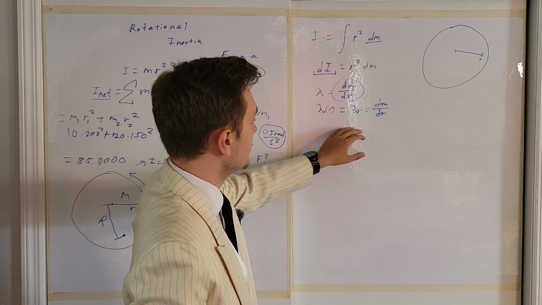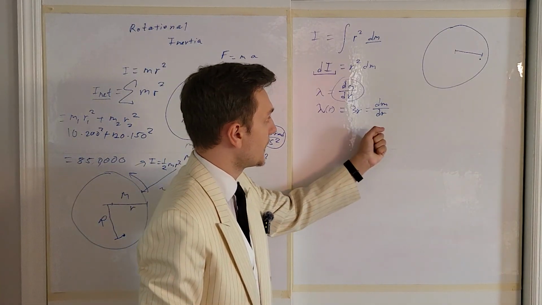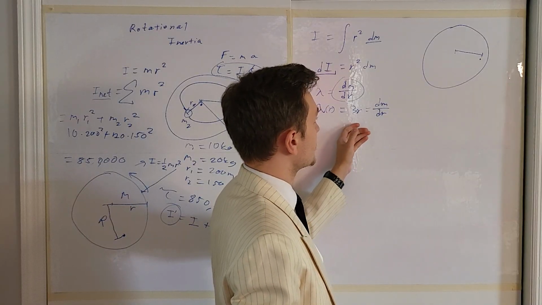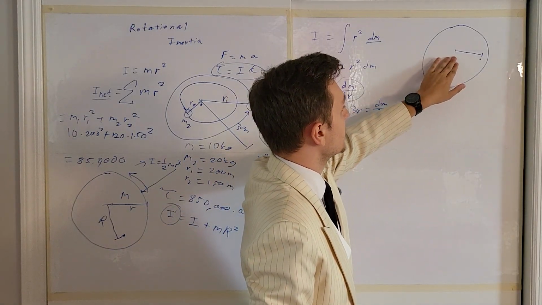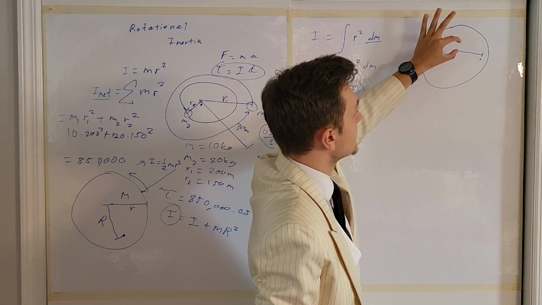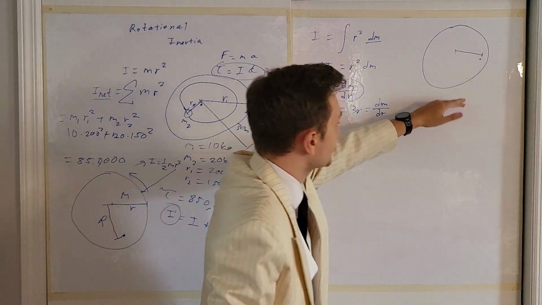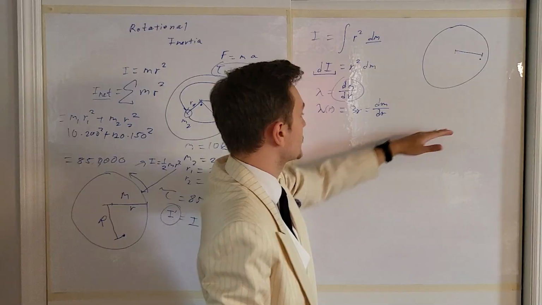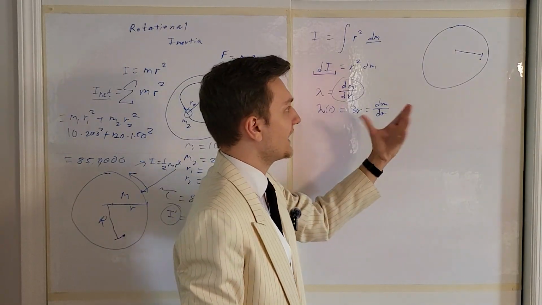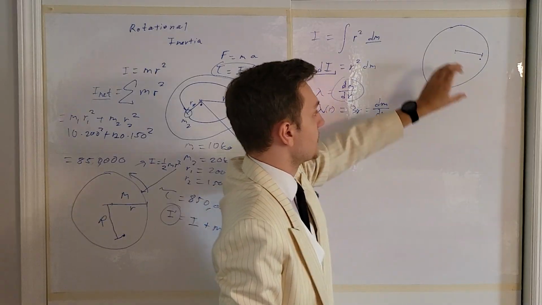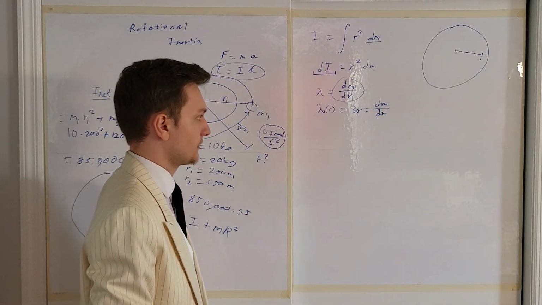It means the density of my object at radius equals 0 is 0. It means I have very little mass, or almost zero mass, at the center. And as I go out further, radius equals 2, 3, then I have a lot of mass. I have a higher density further out from the center of rotation, okay?